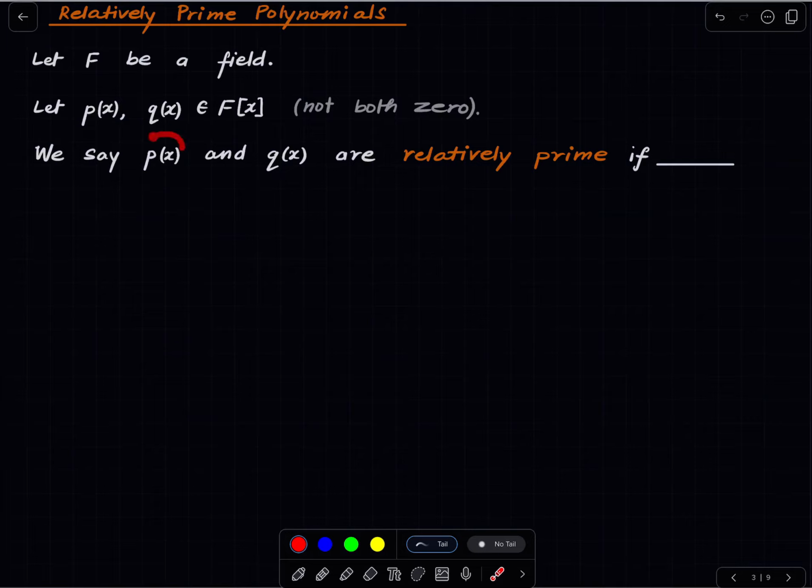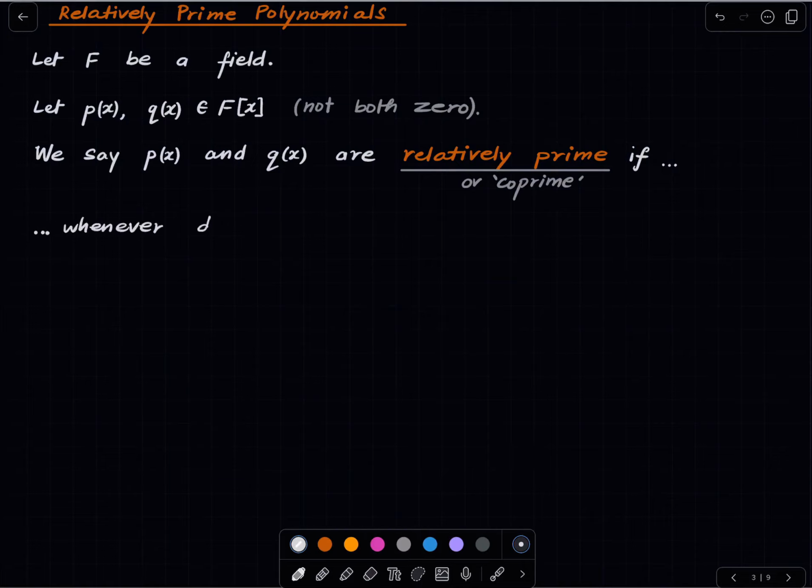In that case, we say p(x) and q(x) are relatively prime, also called coprime, whenever d(x) is a monic polynomial. Monic polynomials are automatically non-zero. Monicness is defined only for non-zero polynomials. A non-zero polynomial is called monic if the leading coefficient is 1.